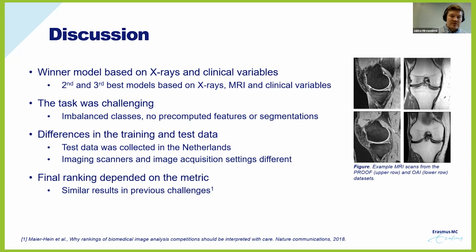The test data was collected in the Netherlands, whereas the training data, the Osteoarthritis Initiative dataset that I mentioned, is collected in the USA. Also, the imaging scanners and image acquisition settings were different, although the images look quite the same and resemble each other, but still they were different, which may affect the models.